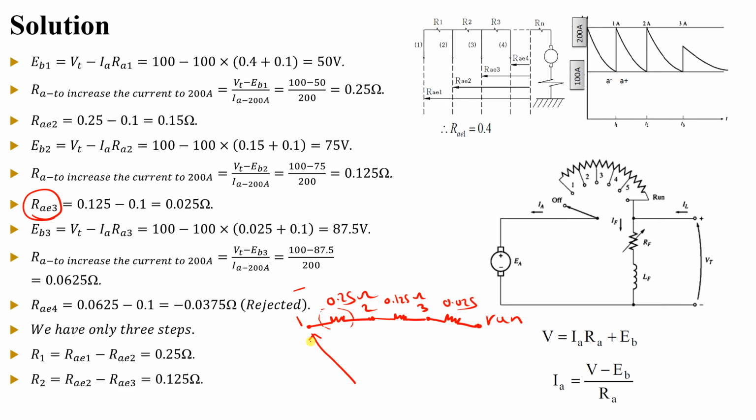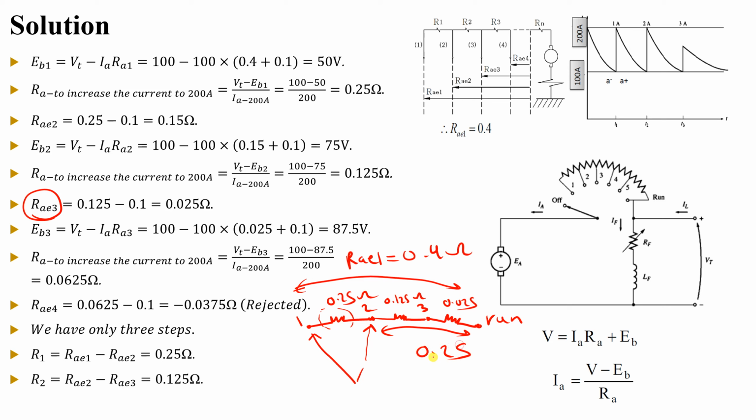Now, as you can see, at the very beginning we take all of this, RE1, which, if you sum it all, will be 0.4 ohms. In the second position, we will have 0.25, RE2, 0.15 of all this resistance.